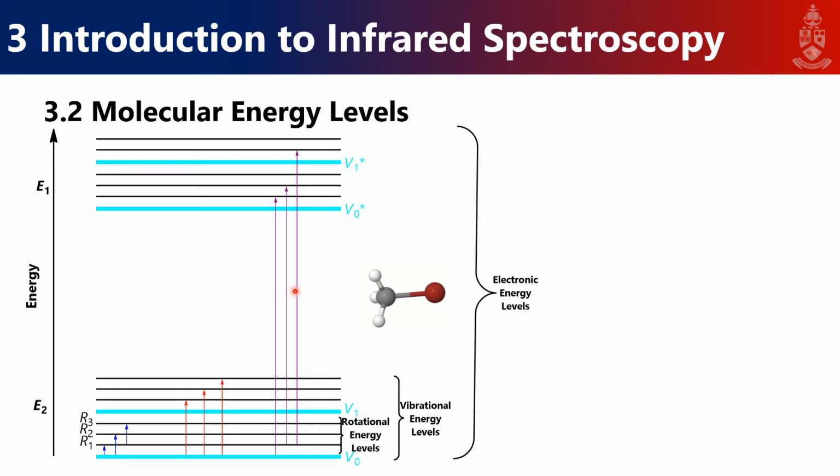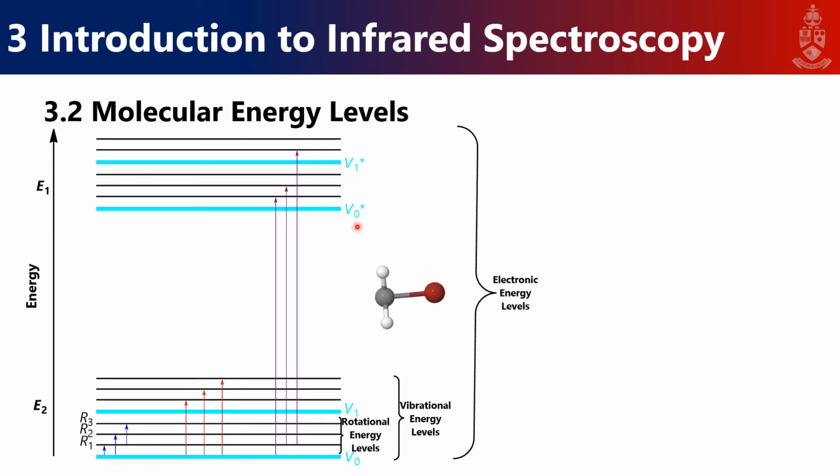What you've covered thus far in your life is the concept of electronic energy levels. A transition from one electronic energy level to the next is typically a UV transition. So you have some sort of UV energy, and that takes an electron from one energy level to the next, essentially moving the molecule from a non-excited state to an excited state, which is why bonds can break.